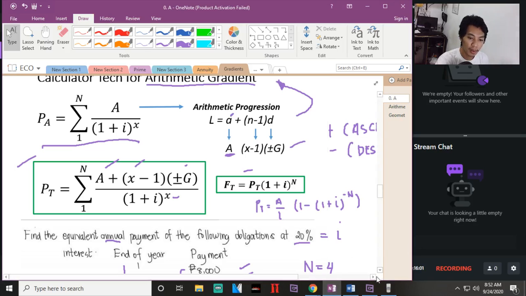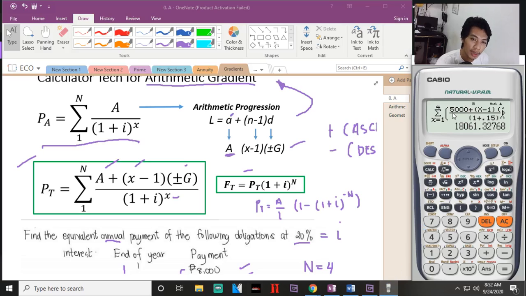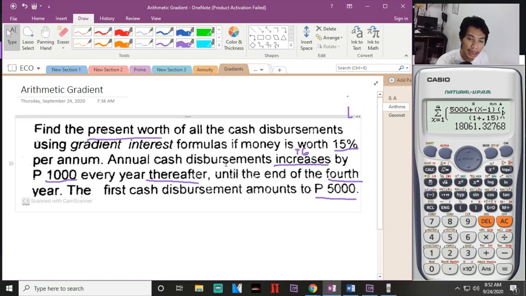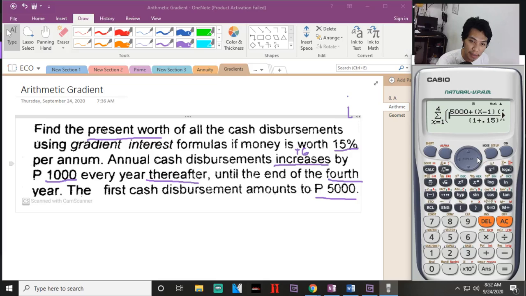Okay? So, all you have to do is to input the gradient. Ang hinahanap is present worth. Gagamitin lang natin yung formula. Now, the disbursement amounts, first cash ang bayad mo is 5,000. You let X as is.